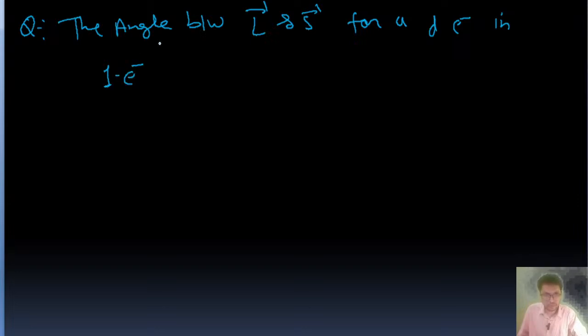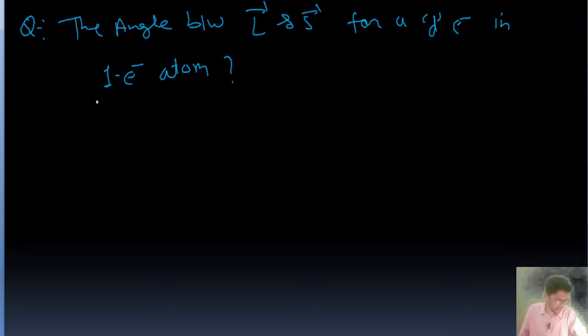The question is: the angle between L and S for a d electron in a one electron system, one electron atom. We need to find the angle between L and S for a d electron in a one electron system.